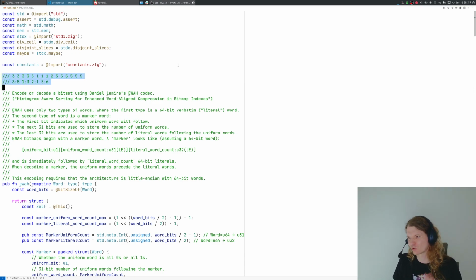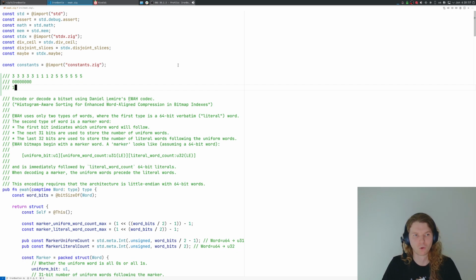EWAH is essentially a run length encoding, but for bit sets. And for bit sets it's stupidly simple, because bits are either zeros or ones. For our bit set, it's going to look like a lot of ones, then some amount of randomness where there are zeros and ones, and then all zeros.